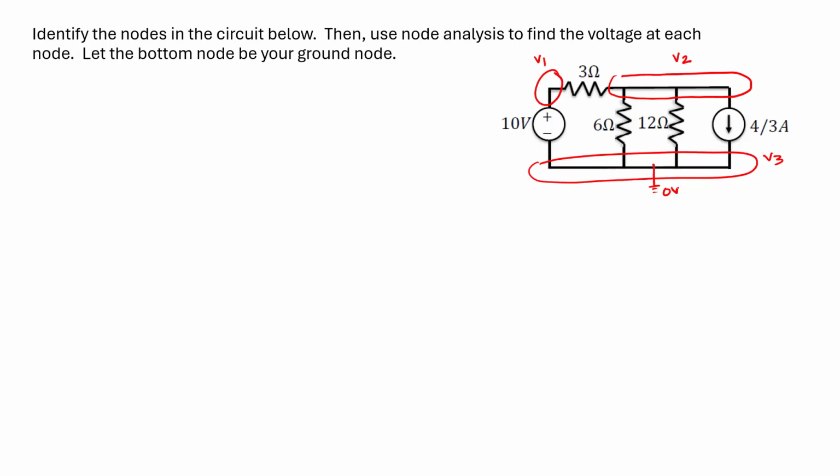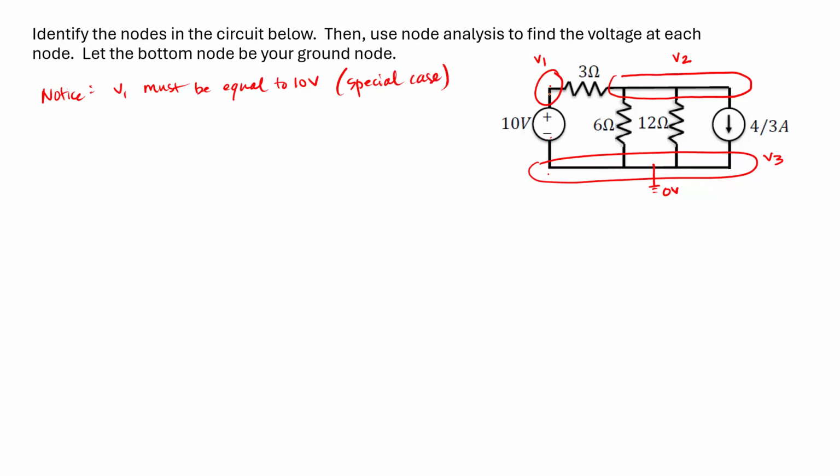And notice we also have a special case here. Notice that V1 must be equal to 10 volts. That's because we have the 10 volt voltage source between the node and the ground. So remember, that's one of our special cases.